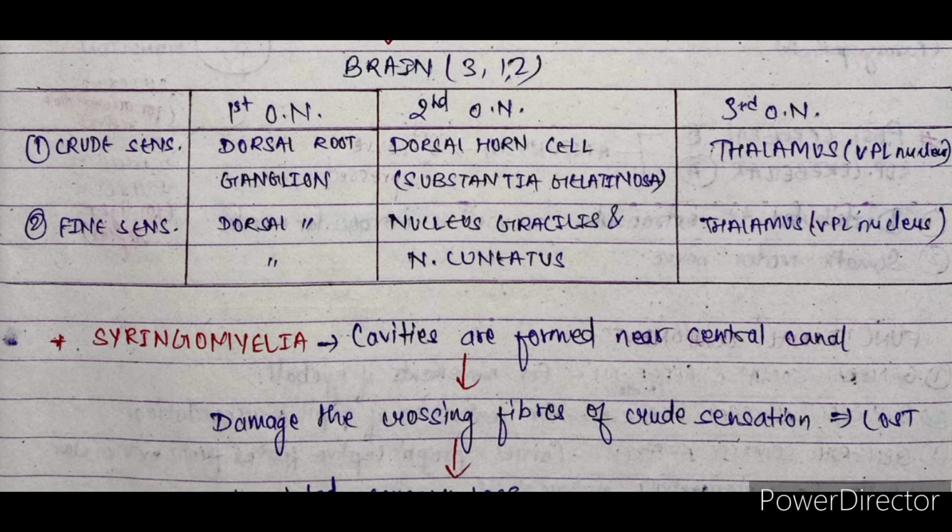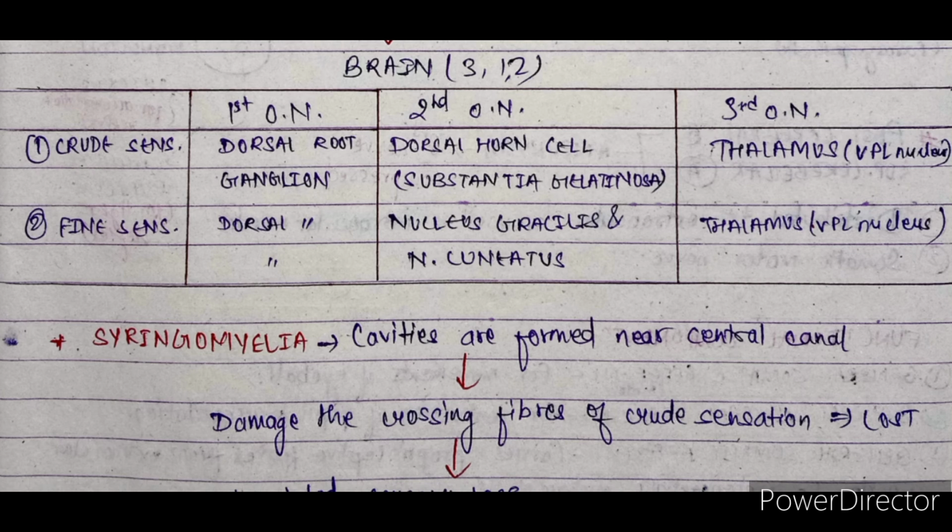For the crude sensation, the first order neuron is the dorsal root ganglion. The second order neuron is the dorsal horn cell, also known as substantia gelatinosa. And the third order neuron is the thalamus or VPL nucleus. VPL means ventero-posterolateral nucleus of the thalamus.